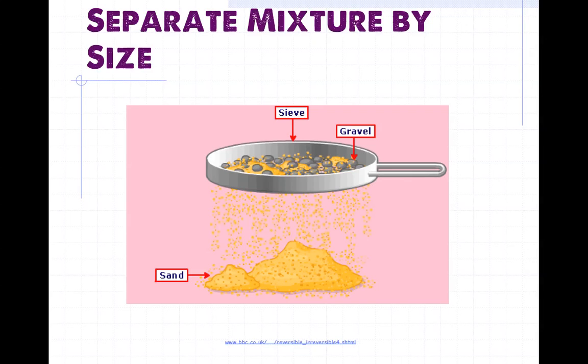So if we have a mixture of sand and gravel, let's say at the beach, and I want to separate the two, I can use what we call a sieve, which is like the little bowl that you use to separate noodles from hot water, also known as a sifter. I can use that to separate gravel from sand as the sand falls through the small holes in the sieve.